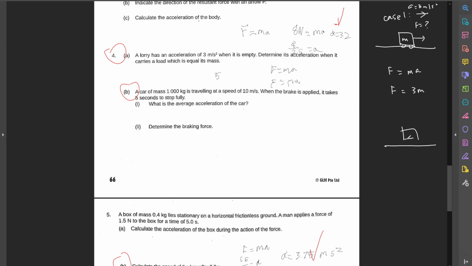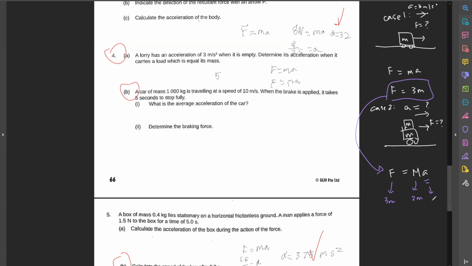Then case 2. So now it carries another m. The force remains the same. Then acceleration is question mark. So force equals mass times acceleration again. So mass now is 2m. Then the force is 3m from here because the pulling force doesn't change.